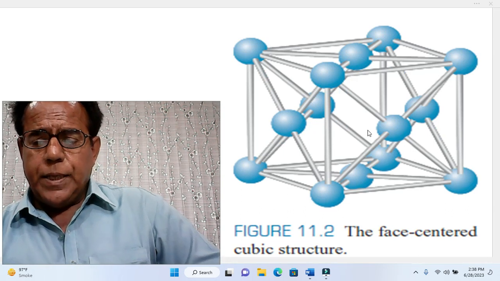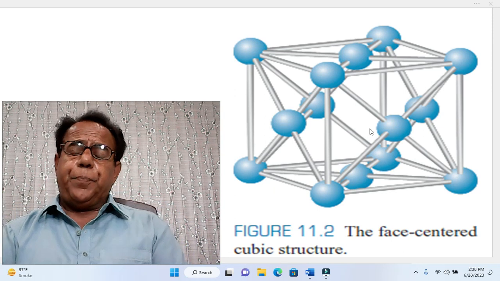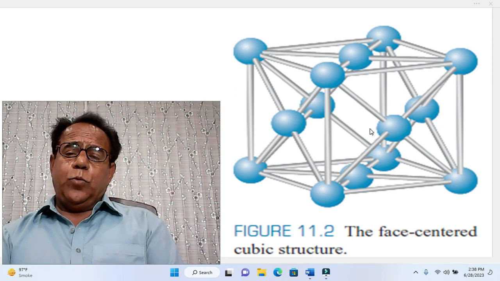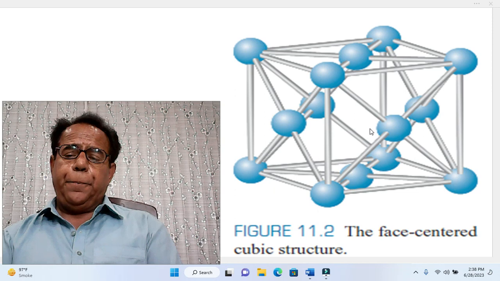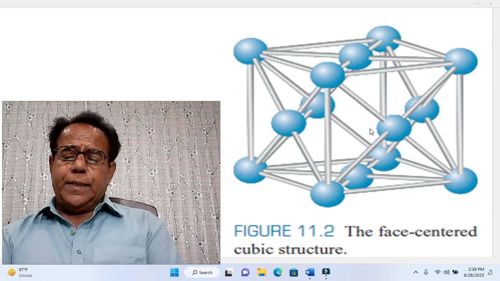This is the first helping tool, and it has been explained in several versions. This is the first version, the face centered cubic structure, FCC structure.